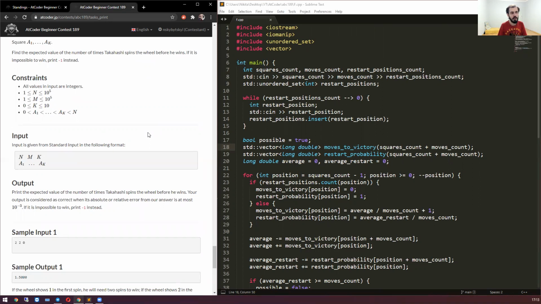So I decided, what will happen if we had no restricted positions? I realized that I still can't solve the problem. So I wanted to use linearity of expectation, but it's definitely not something that would help. And then I decided, what is a position for which I know the victory?